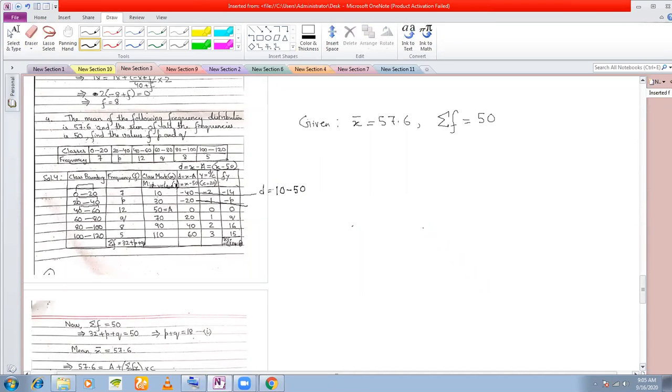For the next, x is 30, so 30 minus 50 gives you minus 20. This one will be 50 minus 50, which is 0. The next one will be 70 minus 50, which is 20, and so on.